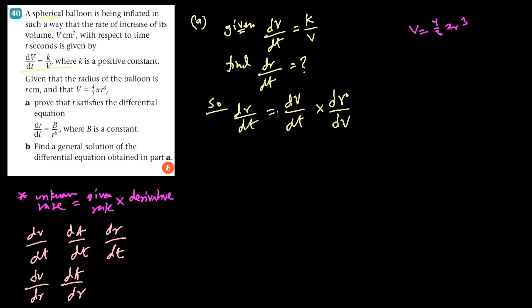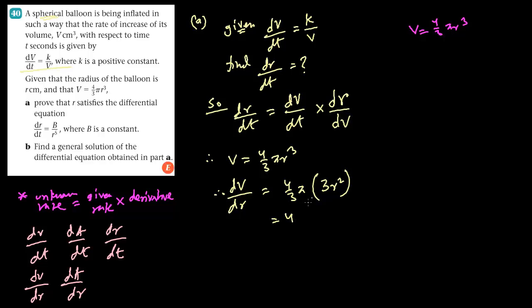In that case, the dv cancels and we get dr by dt. The formula for the volume of a sphere is 4/3 pi r cubed. Therefore dv by dr is going to be 4/3 pi is a constant, so r cubed derivative is 3r squared. We can simplify this as this 3 cancels, 4 pi r squared.